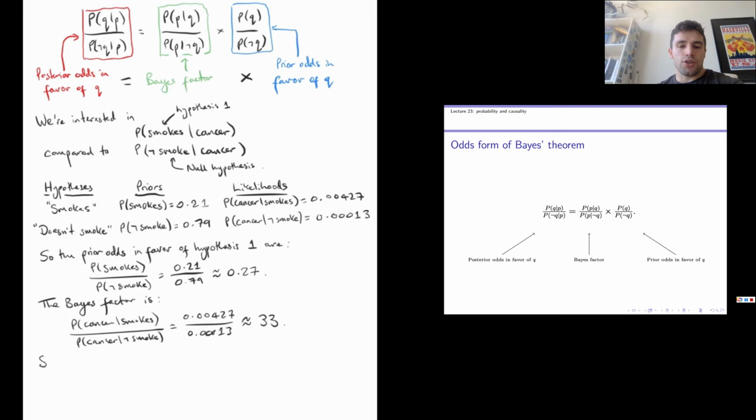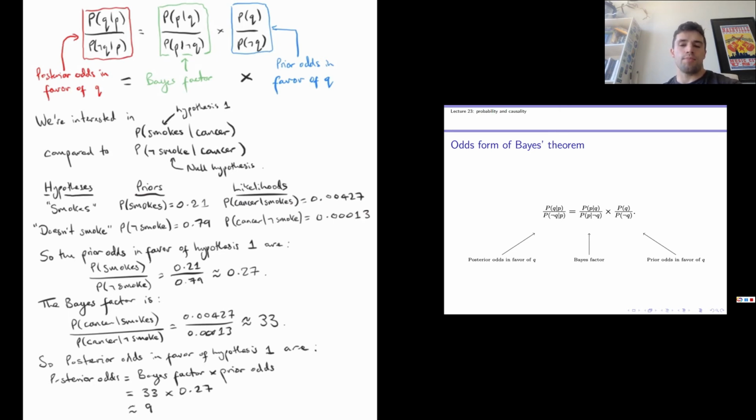And so, by the odds form of Bayes' theorem, the posterior odds in favour of hypothesis 1 is the prior odds in favour of hypothesis 1 times the Bayes factor, which in this case is 0.27 times 33, which gives you around 9.